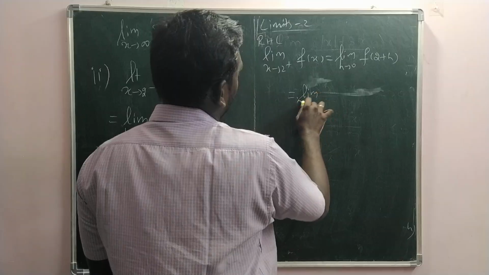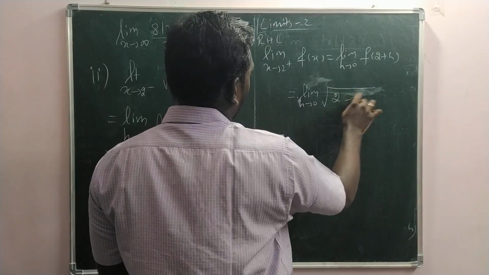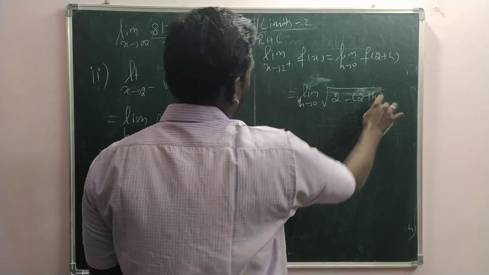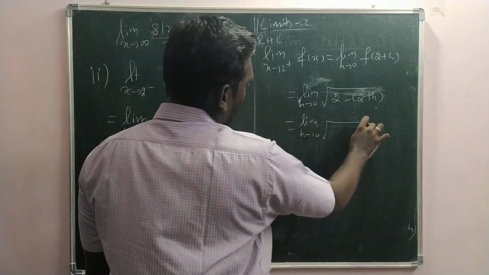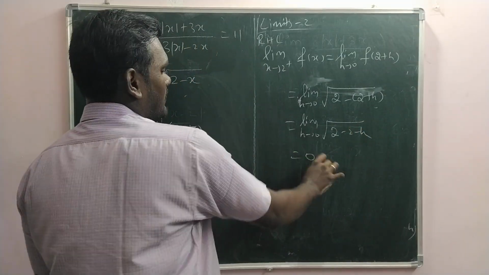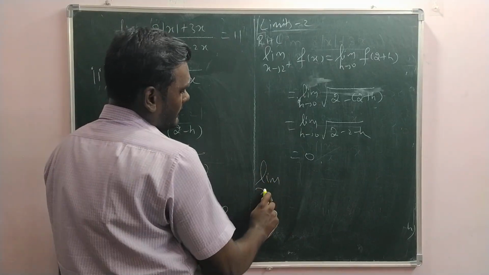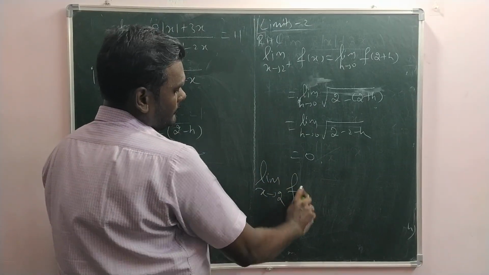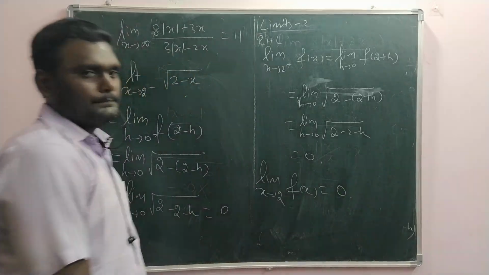Limit h tends to 0, square root of 2 minus of 2 plus h. So this is 2 minus 2 minus h. When h approaches 0, that is also 0. So we can conclude that left limit, right limit is equal to the value of the function at 2, which is 0. Okay.